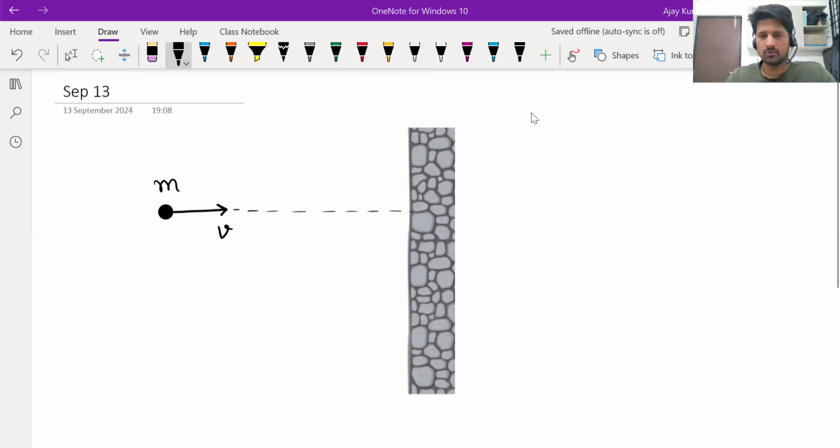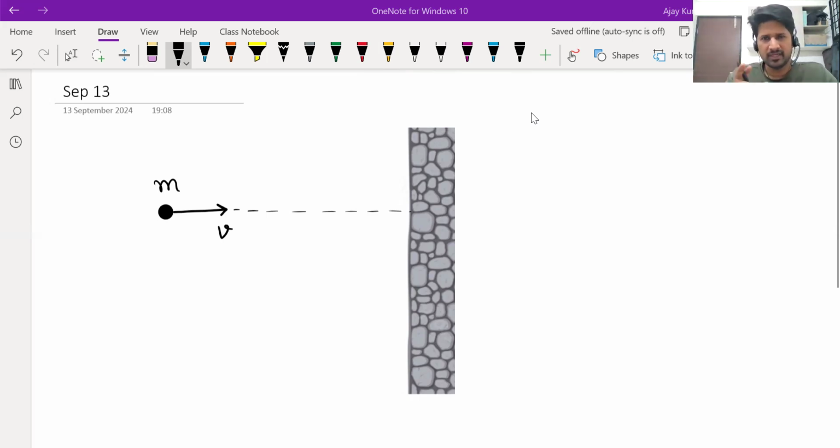Anyone? When a ball goes and hits a wall, what happens? Where it hits the wall and then it drops down. See, sometimes it may rebound. And to what extent it bounces back depends on the material with which the ball is made.